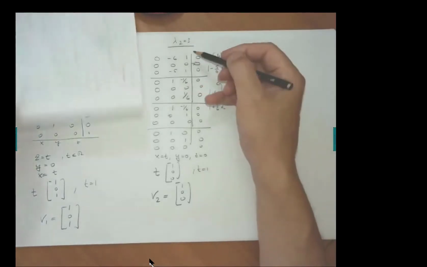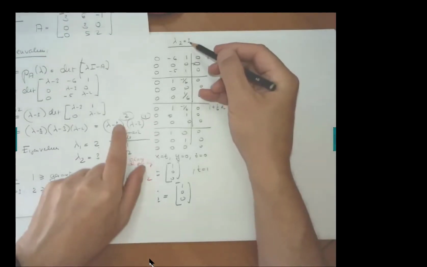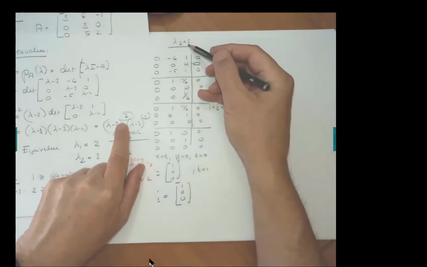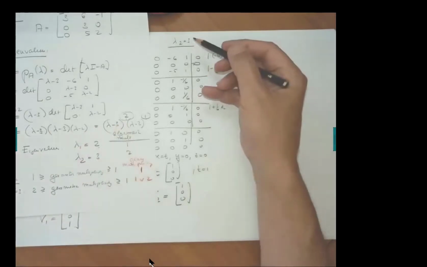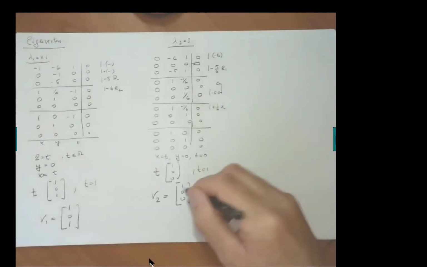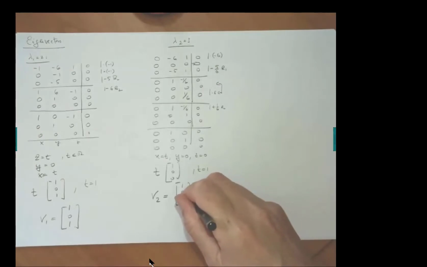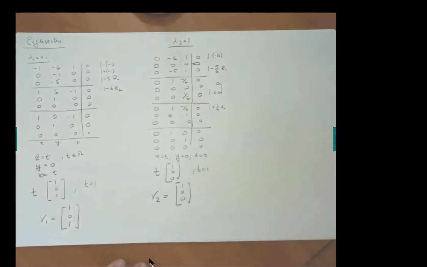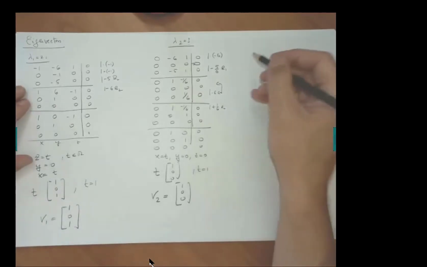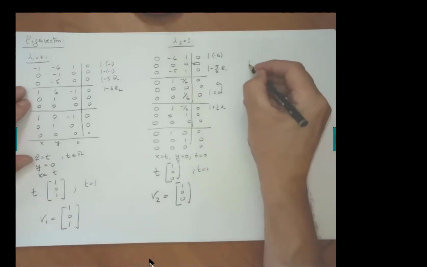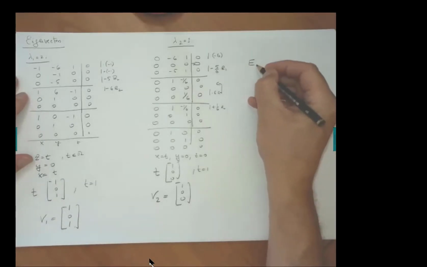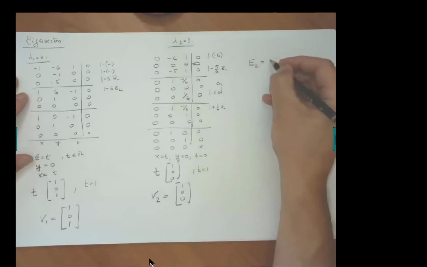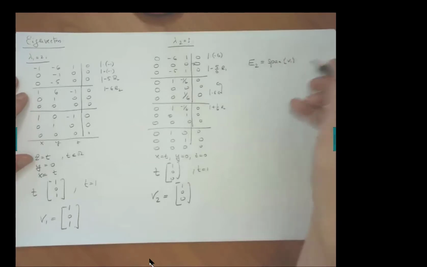Keep in mind, 3 had algebraic multiplicity 2, but we find only one eigenvector. So the geometric multiplicity is 1. So it's actually less than the algebraic multiplicity. So again, we write this down. The eigenspace for eigenvalue 2 is the span of v1.